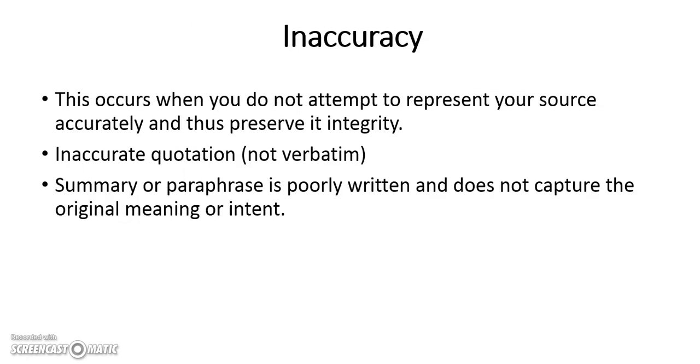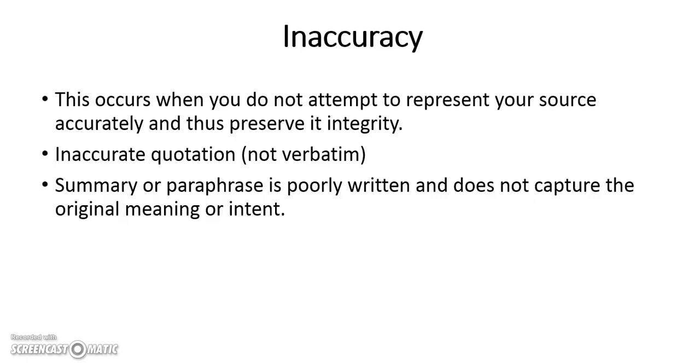Well, you can abuse a source without plagiarizing it when you don't try to represent the source idea accurately and thus preserve its integrity, such as inaccurate quotation or summary, or your summary or paraphrasing is poorly written and does not capture the original meaning or intent.